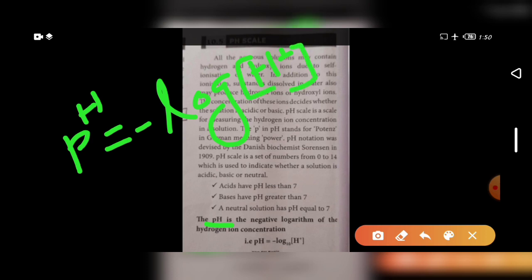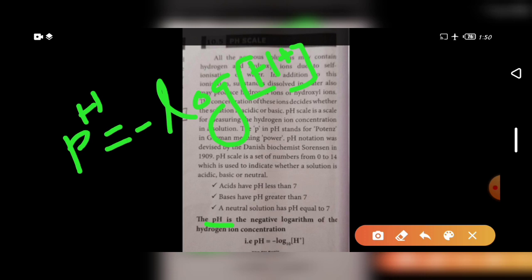The square bracket says that it is the concentration. So pH is equal to minus log of H plus ion. Using this formula, we have to identify whether the solution is acidic, basic or neutral.